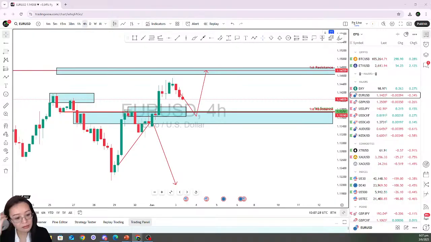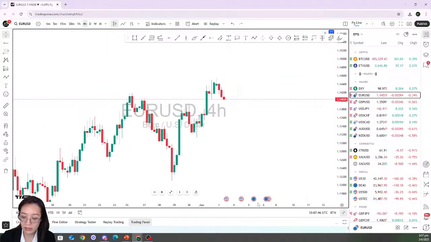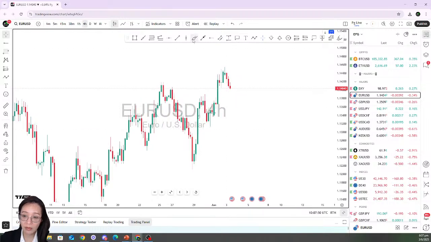Ajay is asking, how do we validate resistance? How do you validate a resistance level? Basically, for the resistance level, let's say price breaks.